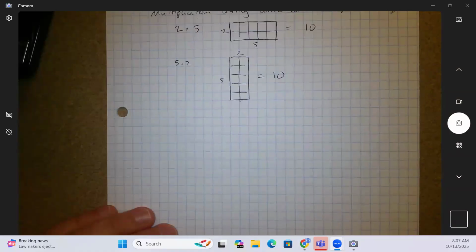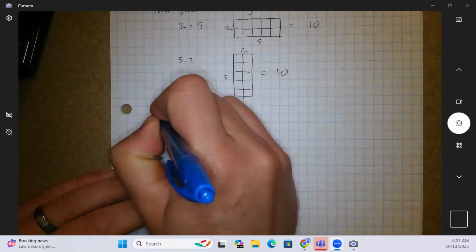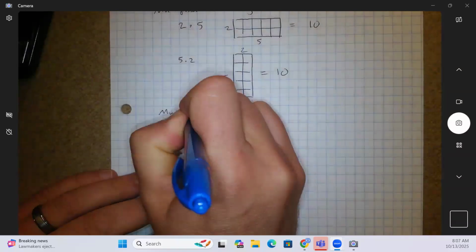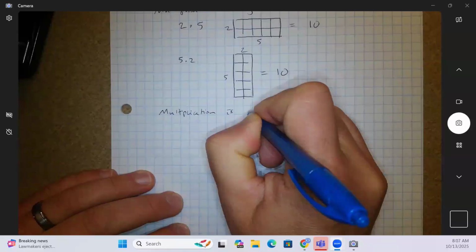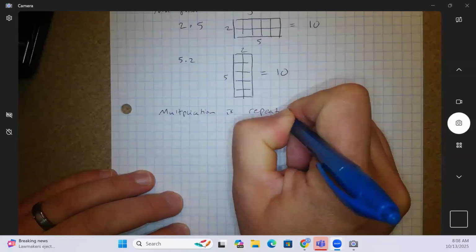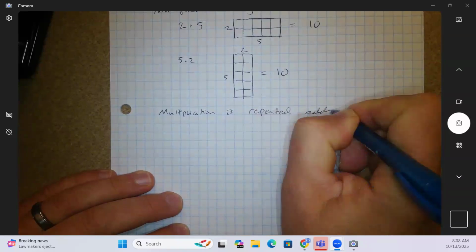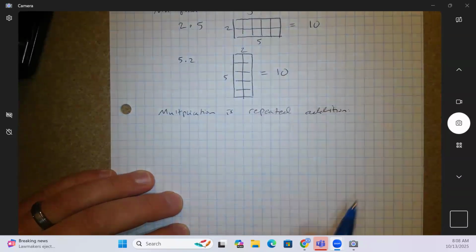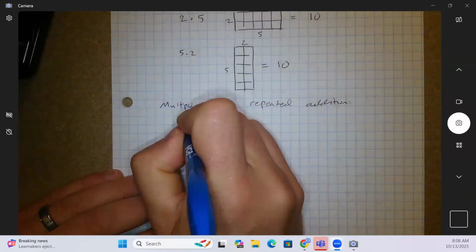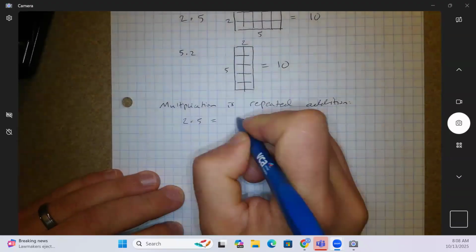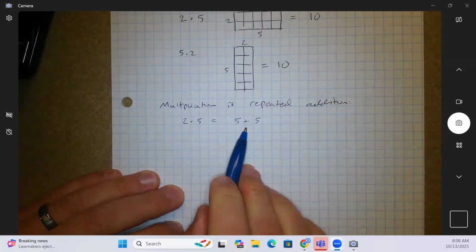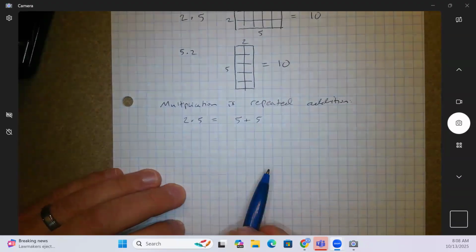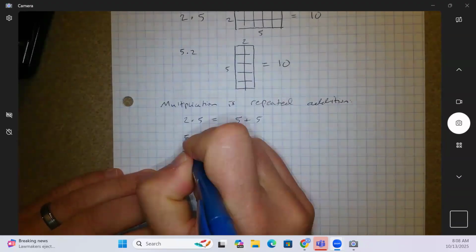But another way to think about multiplication is as repeated addition. Multiplication is just repeated addition. So 2 times 5, I can see as 5 plus 5. It's just the addition here, not a whole lot repeated there, but I could also write it as 5 times 2.